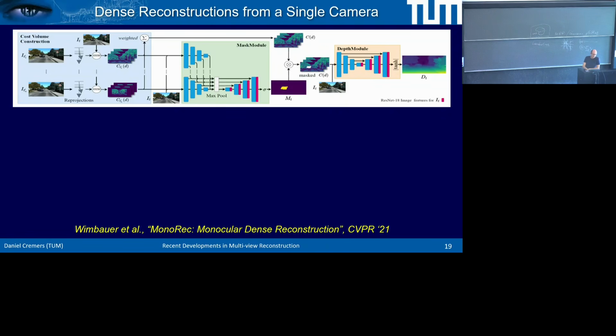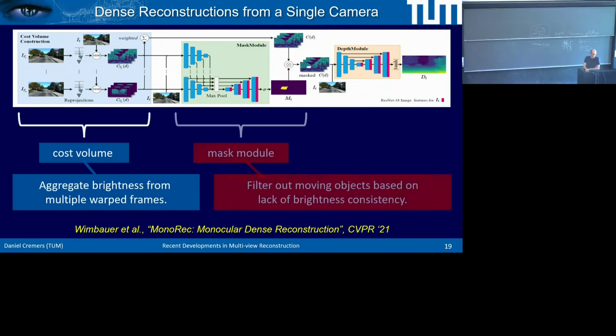So they added a so-called mask module. And that mask module is designed to filter out objects based on lack of brightness consistency. So we use brightness consistency over several frames to predict the depths, and then we use the same brightness consistency to say if the depth is not consistent with the camera movement that we estimated, then it's likely because some object moved, because then the color is not the same, right?